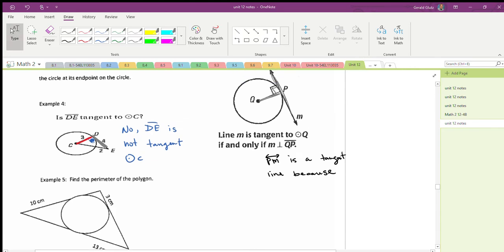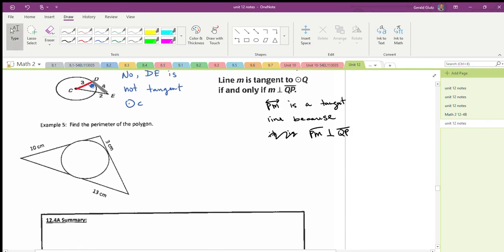Because it is perpendicular, actually, let's write it like this, PM is perpendicular to QP. So the two gray lines, which now are going to turn black, those two lines are perpendicular, and QP is a radius, so since it's perpendicular to another line outside of the circle, it has to be tangent.